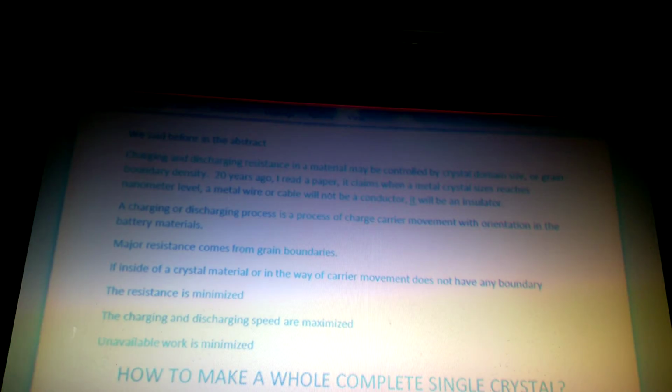And also if the resistance is minimized, that means you will not lose more energy. Because when you have the charging, discharging, if the inner resistance is higher, then you will generate unavailable work, right? That will convert the energy into heat or something else. Therefore the lower the resistance, that means unavailable work is minimized.